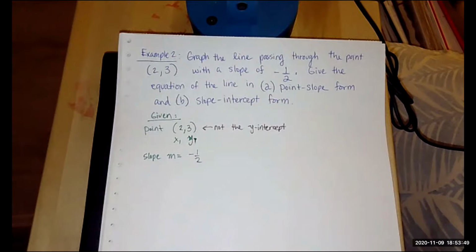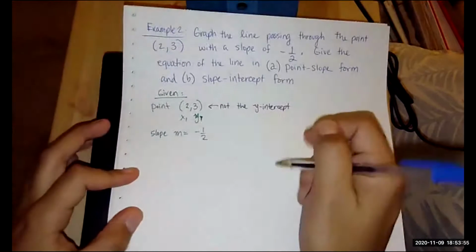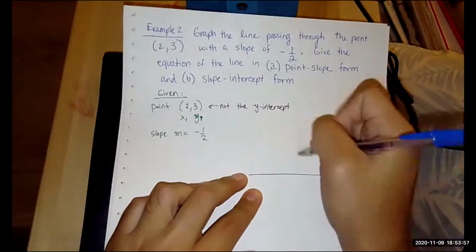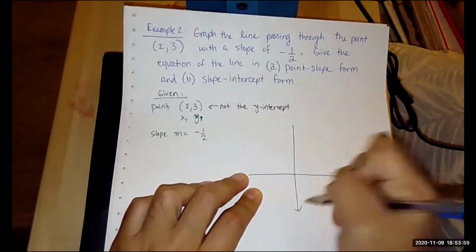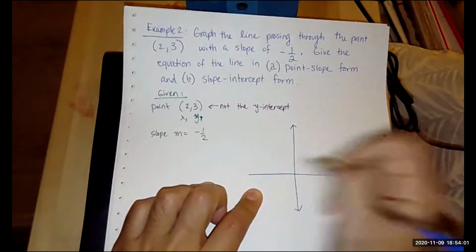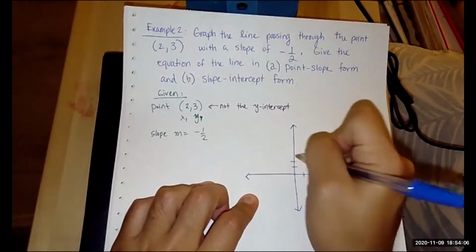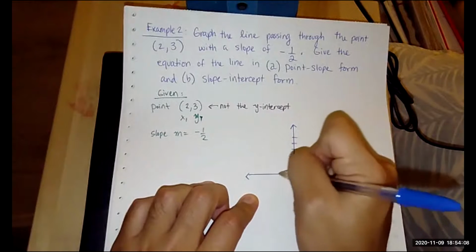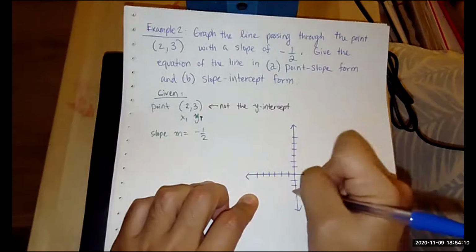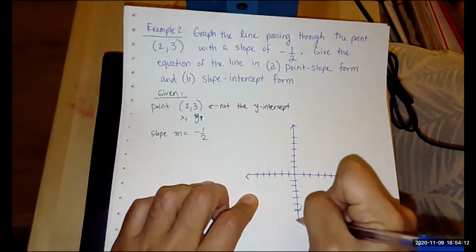So first we need to focus on graphing this thing. And the graphing part shouldn't be too difficult, right? We can just draw our Cartesian coordinate system. 1, 2, 3, 4, 5, 6. 1, 2, 3, 4, 5, 6. 1, 2, 3, 4, 5, 6.